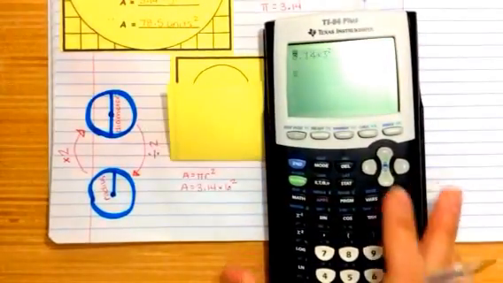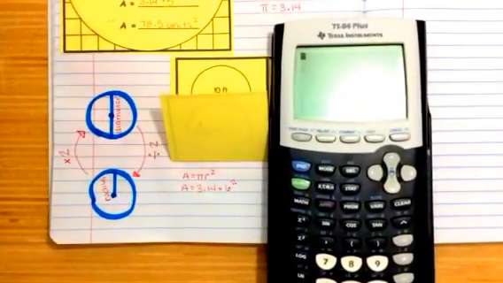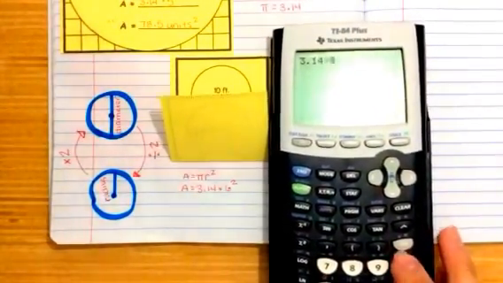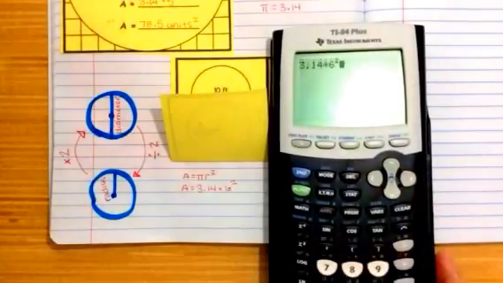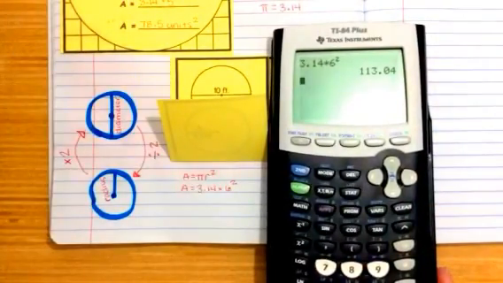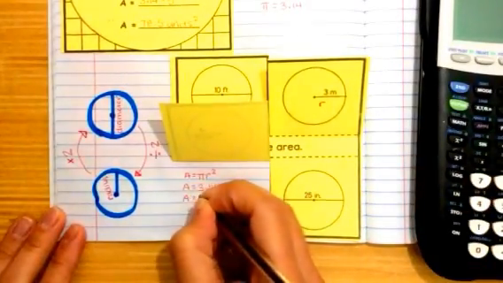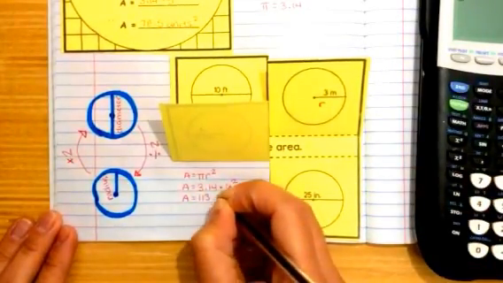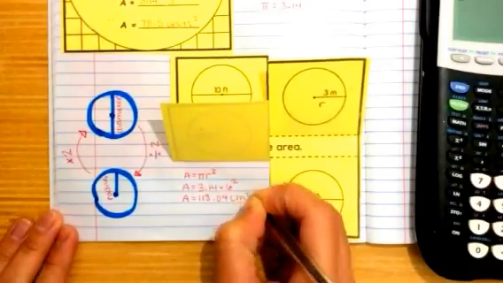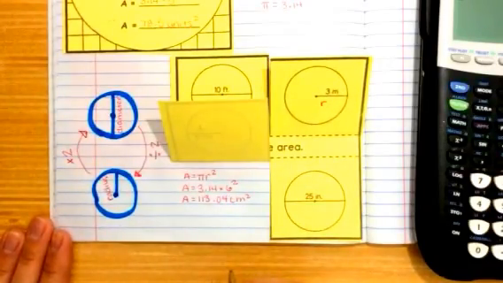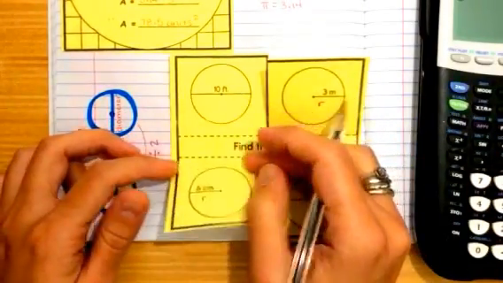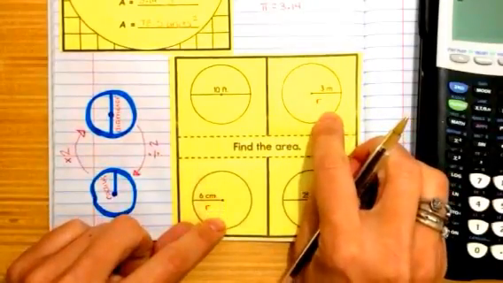Go ahead and put this on your calculator. 3.14 times 6 squared, 113.04. And it's centimeters squared. So those are the most straightforward ones that you're going to have for area of a circle because they already give you the radius.